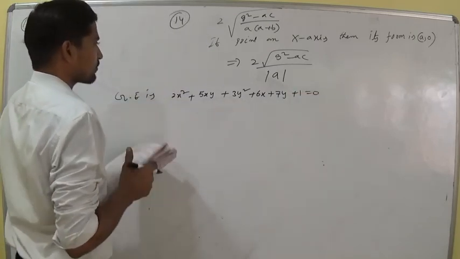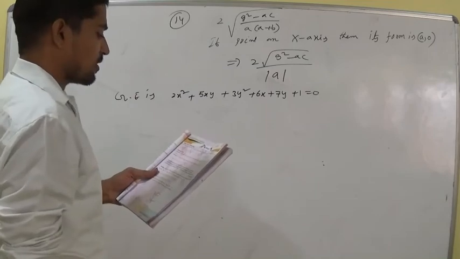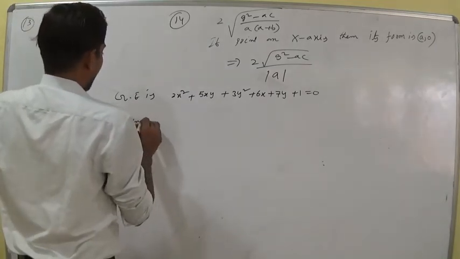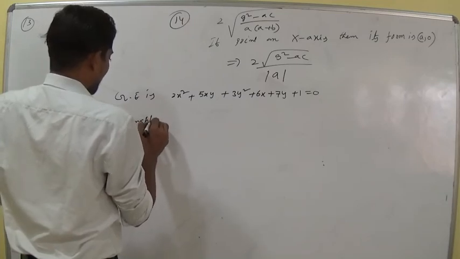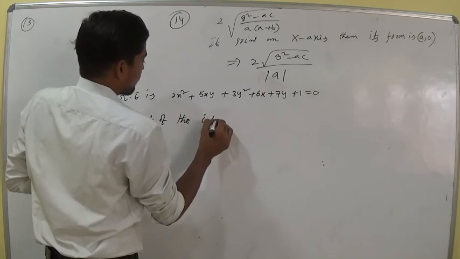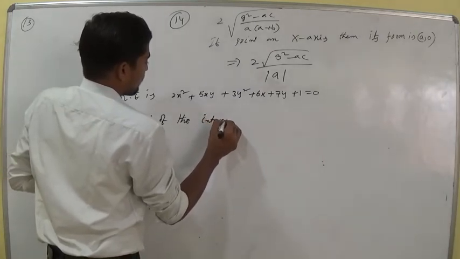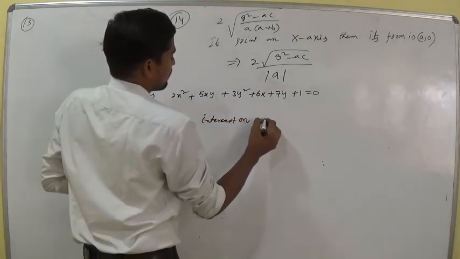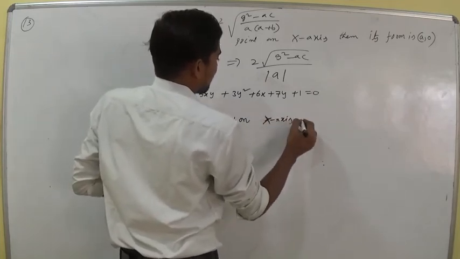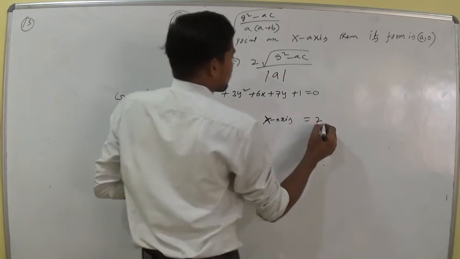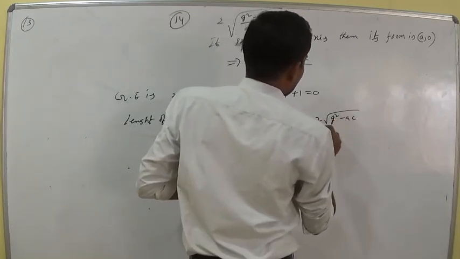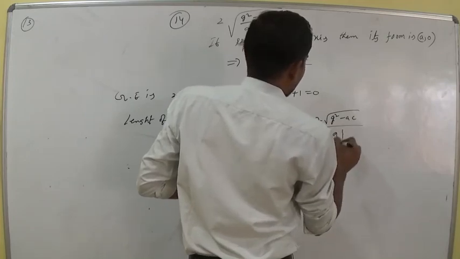In that, the length of the intercept on the x-axis is 2 square root of (g square minus ac) by modulus of a.